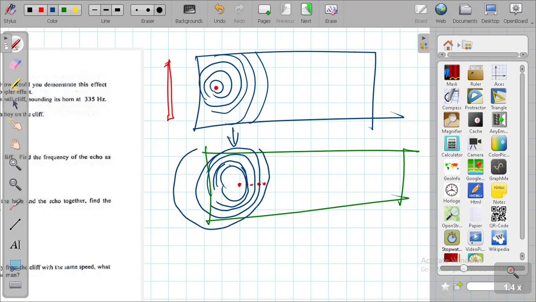If you observe from here, you can see the wavelength is reducing. Here the wavelength is increasing. So the demonstration can be done in this manner.